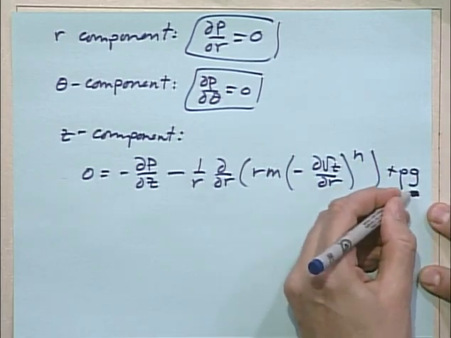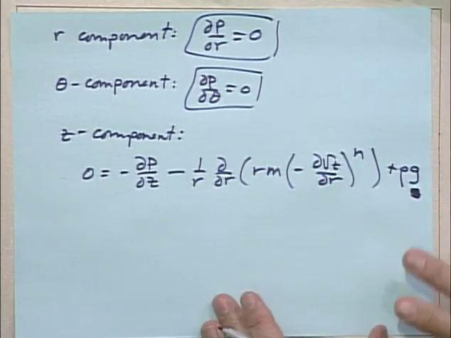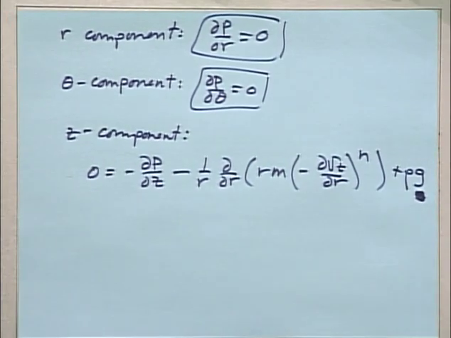Not this underbar, that's incorrect. Rho g the scalar. This is the equation we have to solve for velocity.